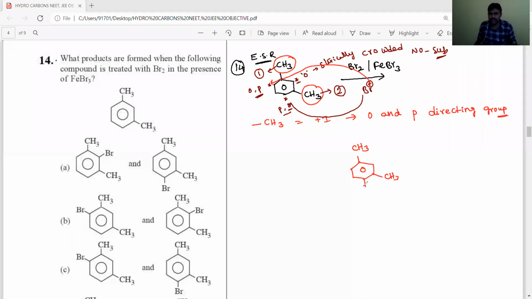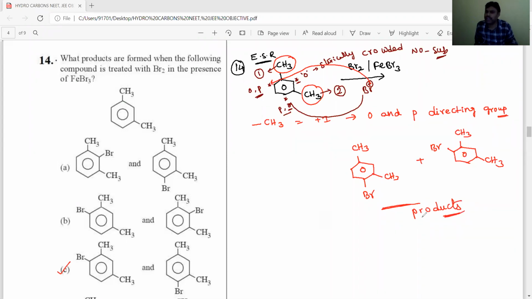The bromine will attack at this position, and the other gives another product, so a mixture of products forms. Looking at the options, C option is correct. Okay students, these are the products.